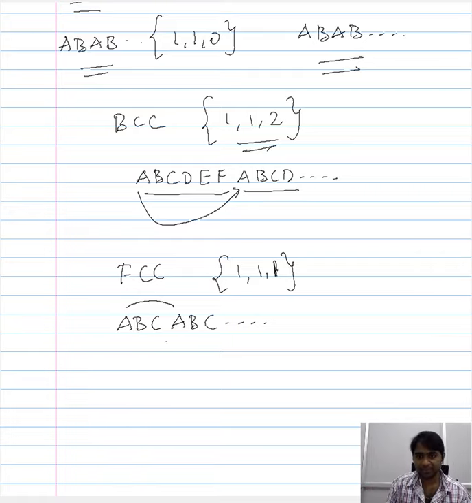Therefore you would have a characteristic representation of A, B, C and A, B, C. So these are some key points I want to end this lecture with.